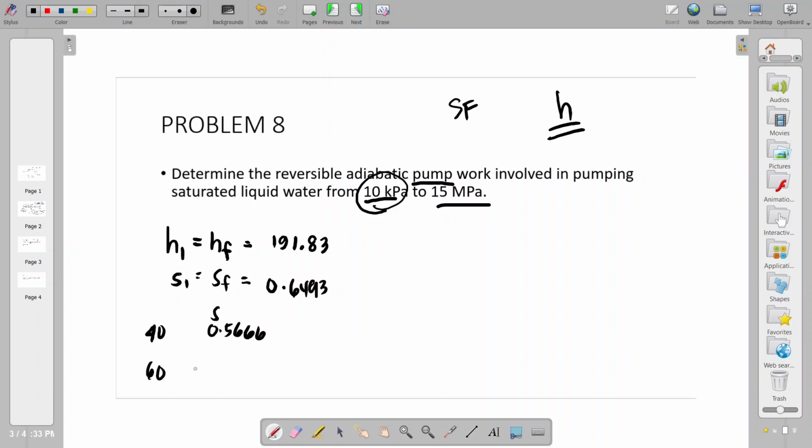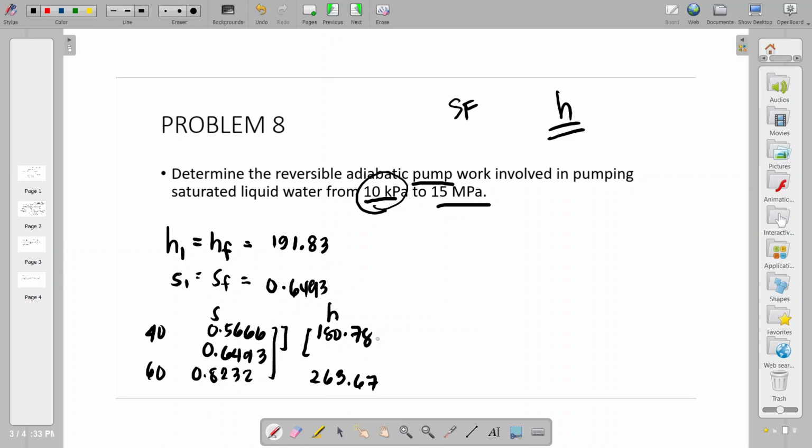Sa 60, meron tayong 0.8232. Ang hinahanap natin ay 0.6493. So, kunin natin yung equivalent na H. Ang H dito is 180.78 tapos 263.67. So, interpolate lang ulit.